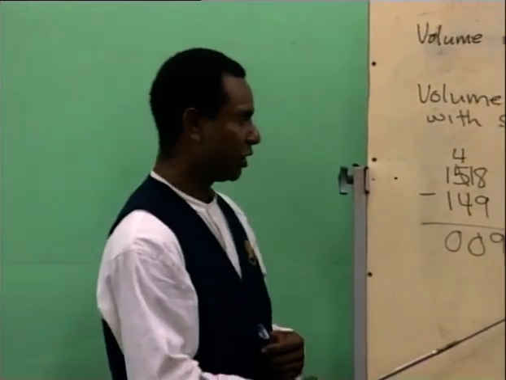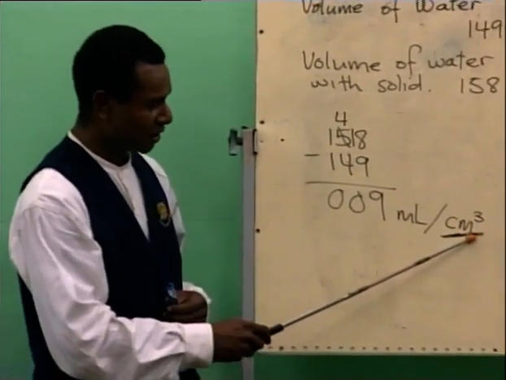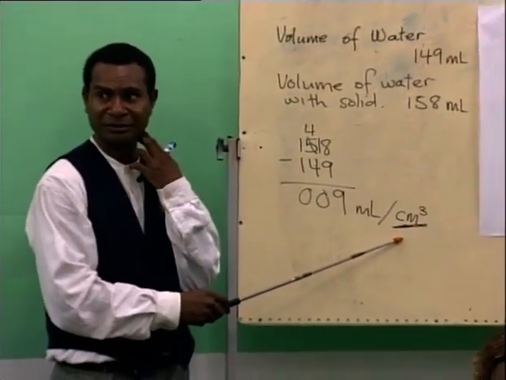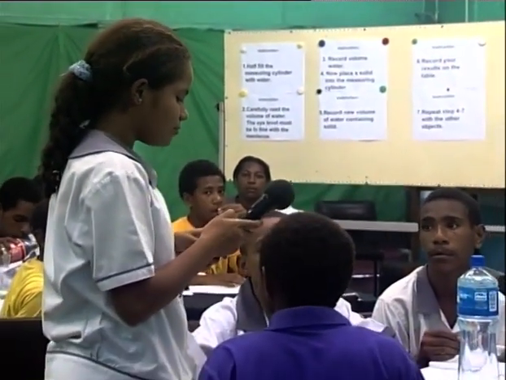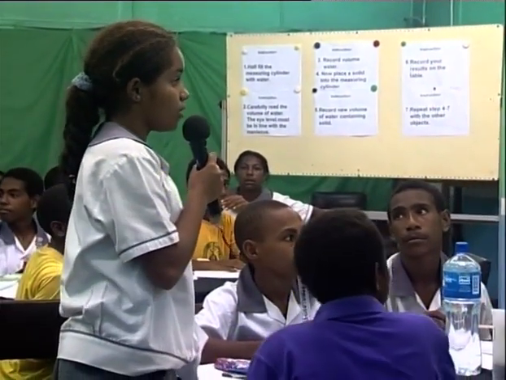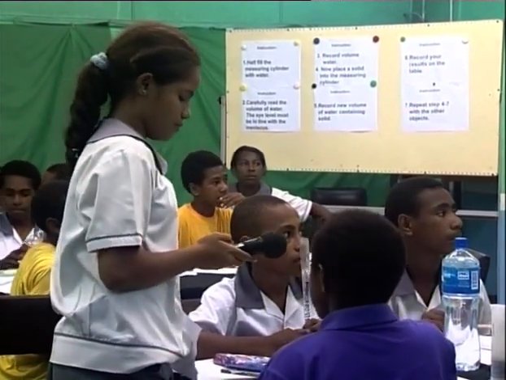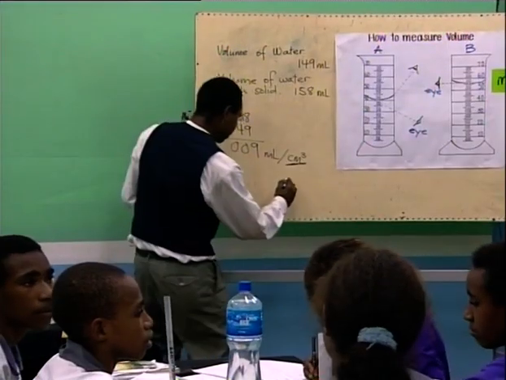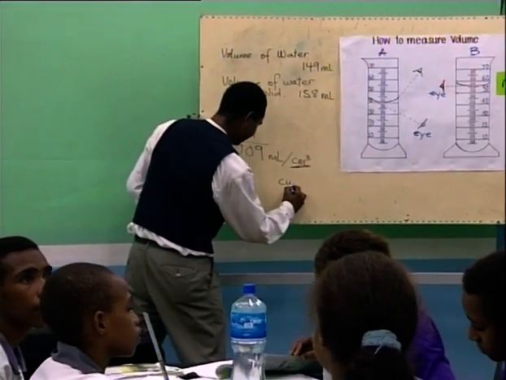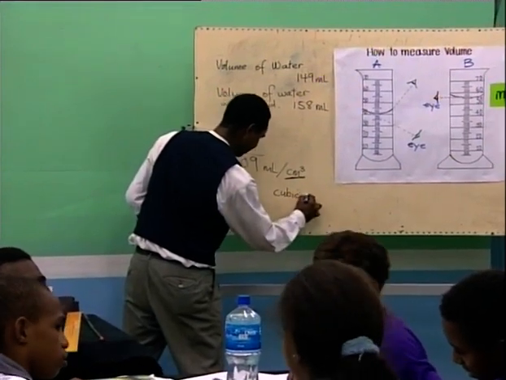When we are measuring solids, what is this symbol for? What is this symbol? Cube? Cube centimeter. Cube centimeters, okay. It is cubic centimeters. This is the symbol. We spell it as, okay.